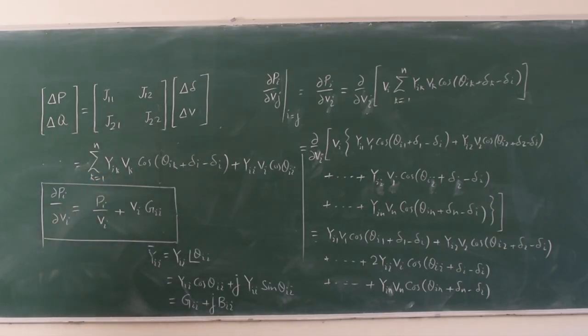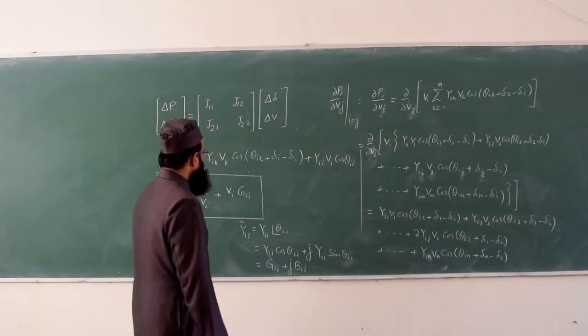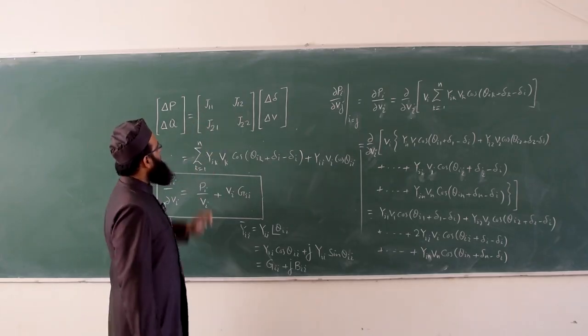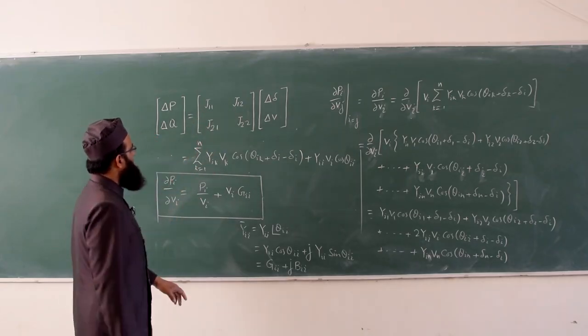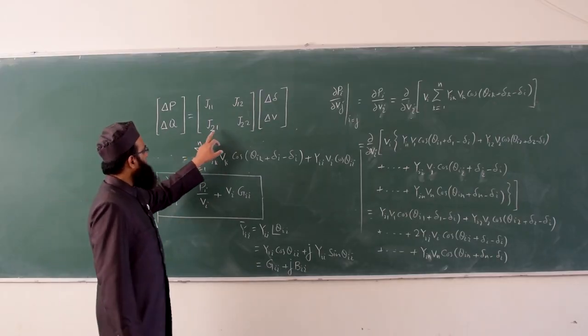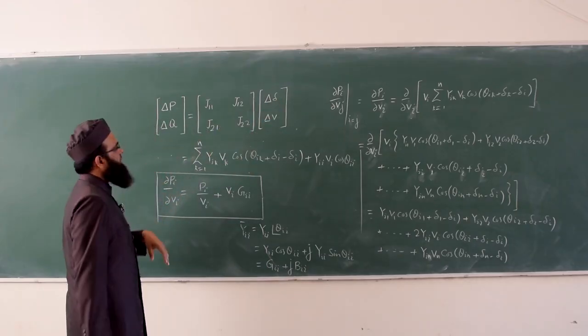Any doubt here? So, this way we have calculated J11, J12. So, next we will calculate J21. So, again J21, second from left hand side Q and first one from the right hand side delta, del Q upon del delta.